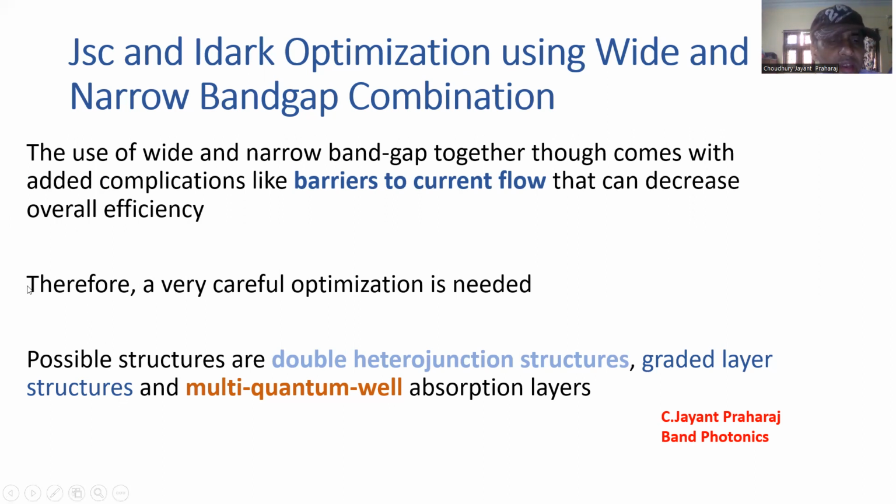And the third category is the multi-quantum well absorption layers. We do not discuss those much in this talk. However, it is possible to have multi-quantum wells in the absorption layer. What do I mean by that? Well, the multi-quantum wells can basically change the electron states and the hole states through quantum mechanical equations.